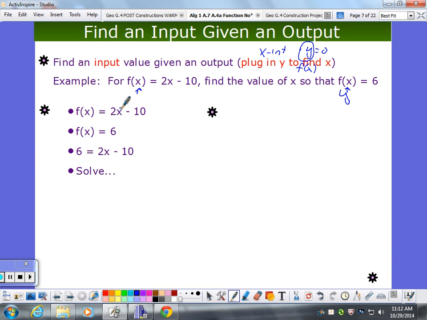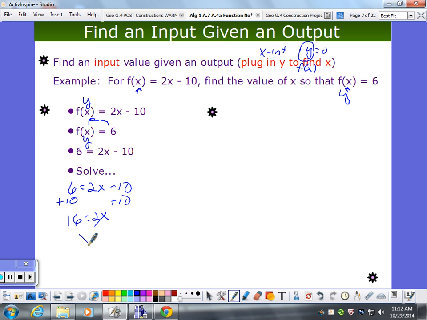If f of x is 2x minus 10, and f of x is also 6, why did I put the 6 here? Because f of x and 6 are the same thing. It's like saying y equals 2x minus 10 and y equals 6. How do you find the x? You solve an equation. So 6 equals 2x minus 10. You add 10.